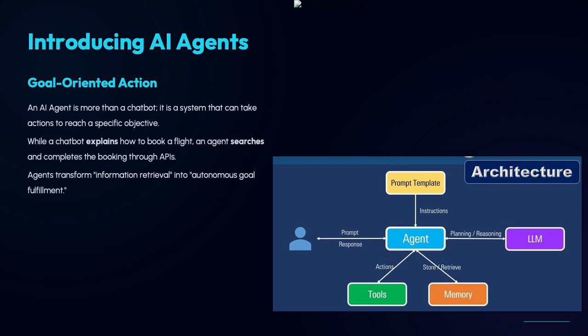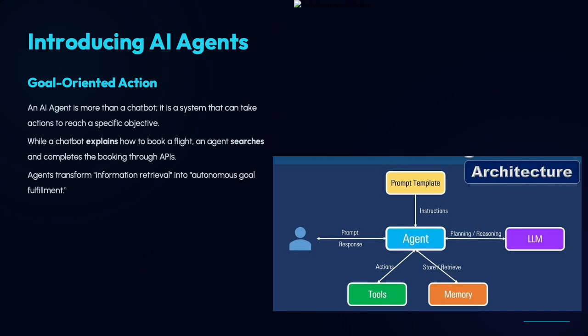We talked about LLM as a chatbot. If you want to perform some task, you need an agent. Just think of an agent as being here to achieve certain goals. An AI agent is more than a chatbot; it not only talks, it actually takes steps to reach a specific objective. A basic chatbot can explain what generative AI is, step by step, but it can't actually search flights for you.